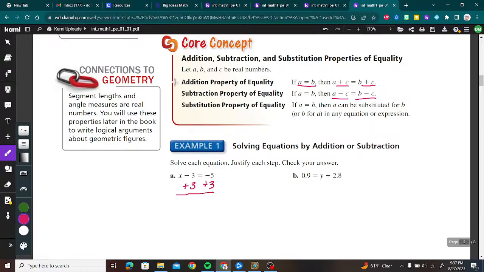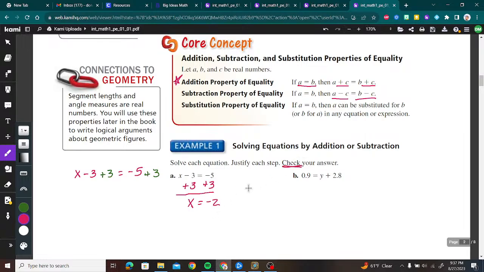If you look back up here at the addition property of equality, what they would probably do is write x minus 3 equals negative 5, and then do a plus 3 here, plus 3 here. Either method works, but I like the vertical method versus the horizontal method. The vertical method is really kind of a shortcut. So I'm going to go x equals negative 5 plus 3, which is negative 2.